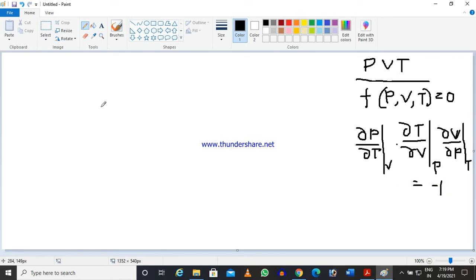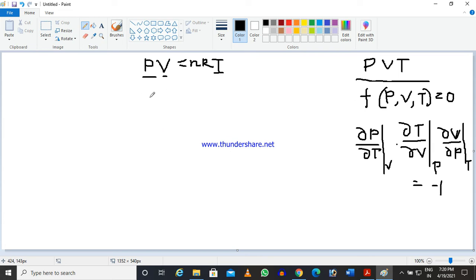Okay. So now from the thermodynamical relation, we know PV is equal to nRT. So this is the pressure, volume, temperature, and n is the mole number and R is the gas constant.